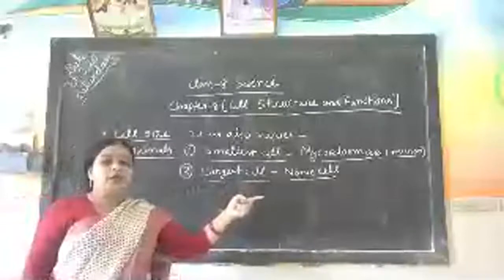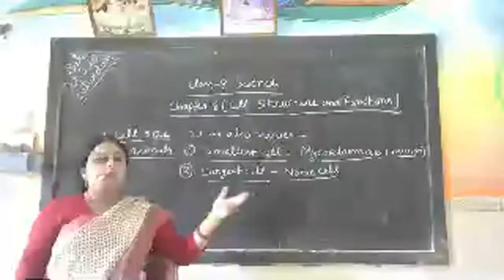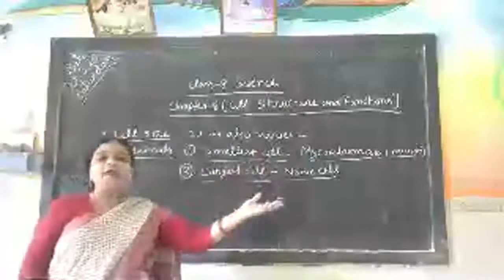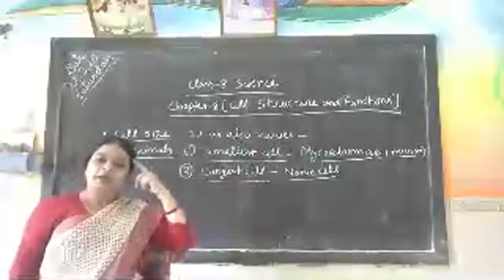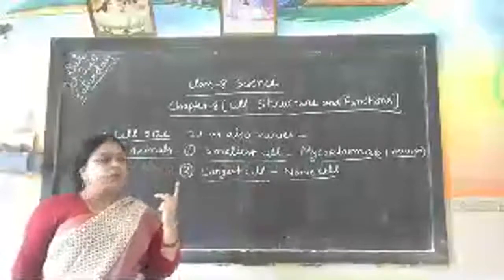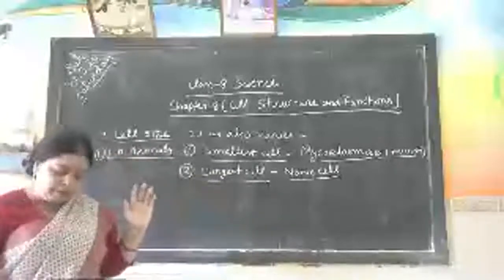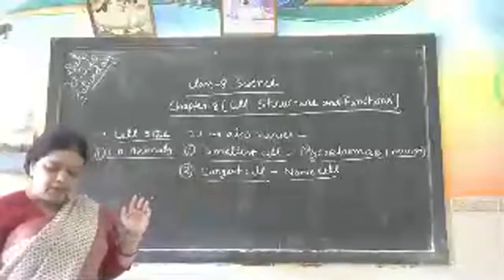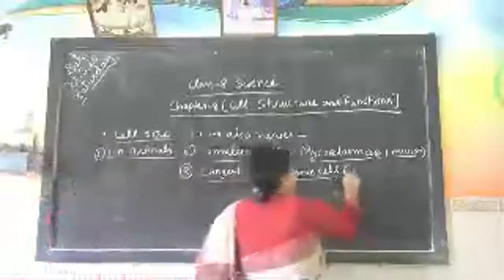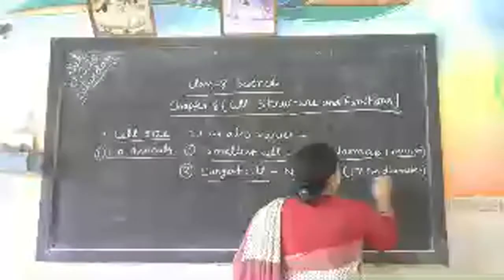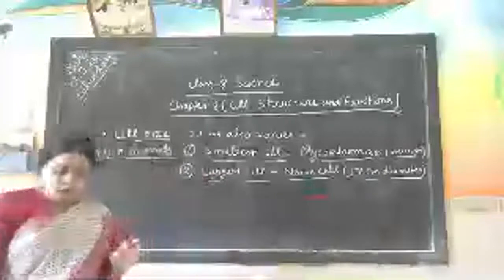It passes the message. Nerve cells get information from the atmosphere and send it to the brain. The size of the nerve cell is about 17 centimeter in diameter.